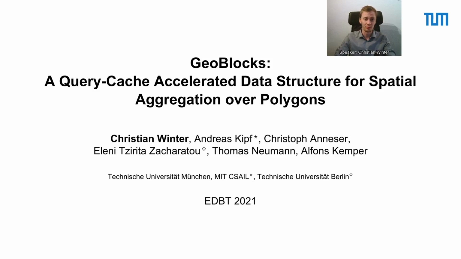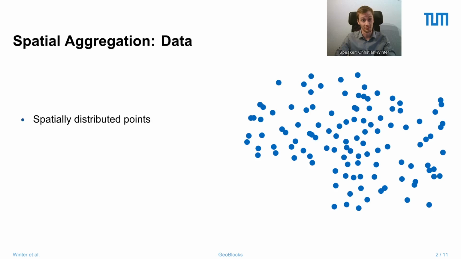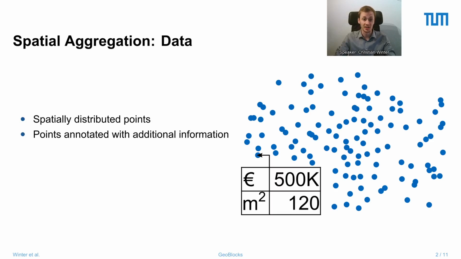I want to start off with a little introduction into spatial aggregation for those not familiar. So in spatial aggregation, we deal with distributed points. Each of these points has latitude and longitude location and additional info attached to it. For example, if we deal with houses, we have something like the house price and the square footage.